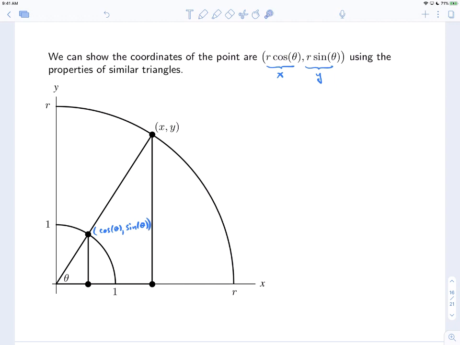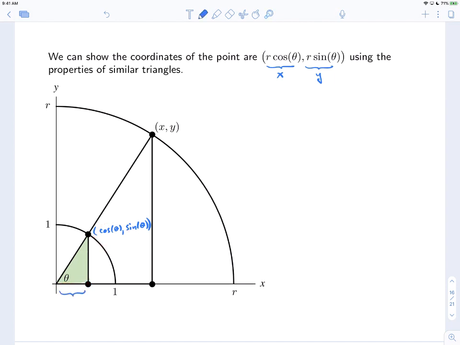But these coordinates represent dimensions of this smaller triangle right here. So this smaller triangle here has dimensions given by the coordinates of this point. So the x-coordinate tells you how far out to the right you go. So the smaller side of this triangle has length cosine of theta.